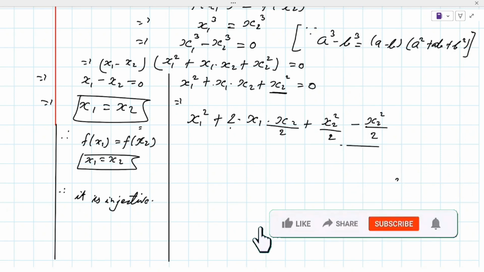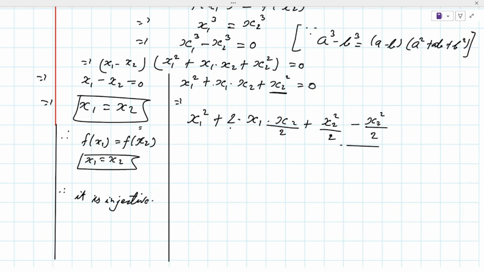See, here I have added x2 square by 2 and again subtracted x2 square by 2. After that, this x2 square and x2 square will be 0, right? Now here this is a square, 2 into a into b, and this is b square.